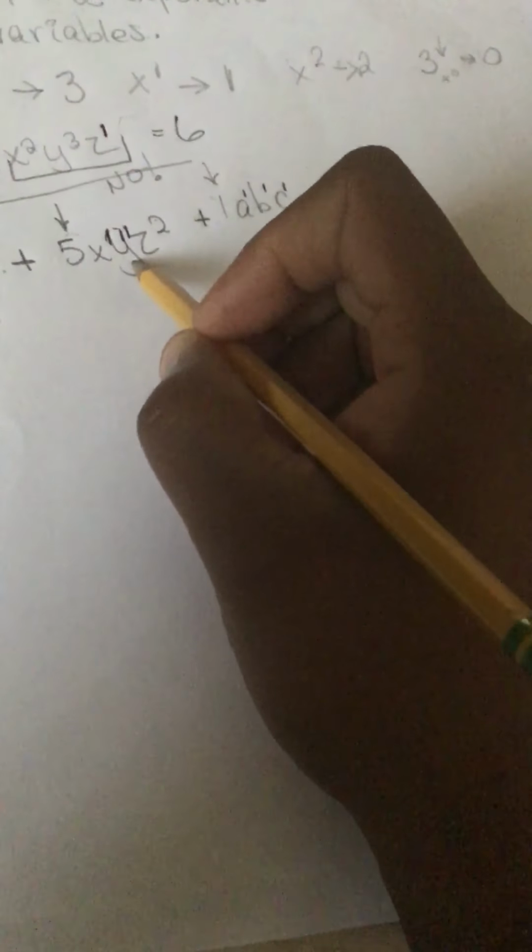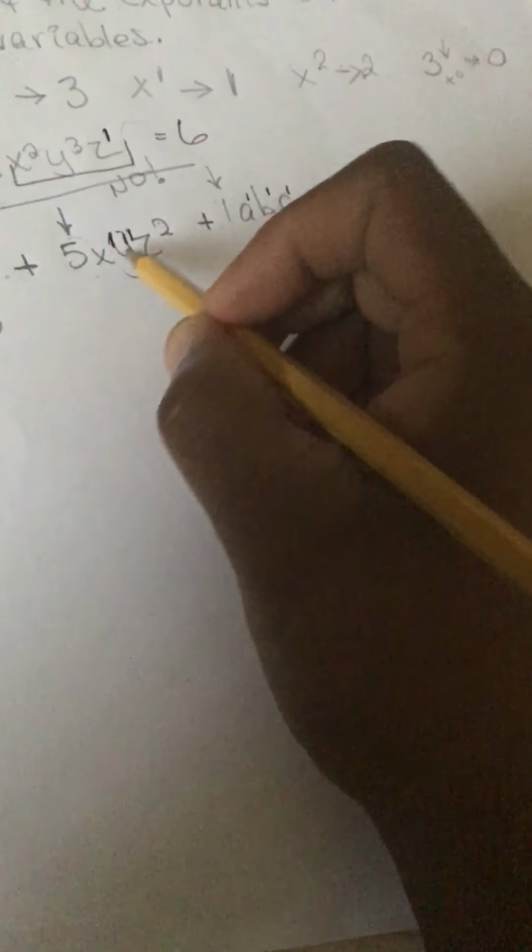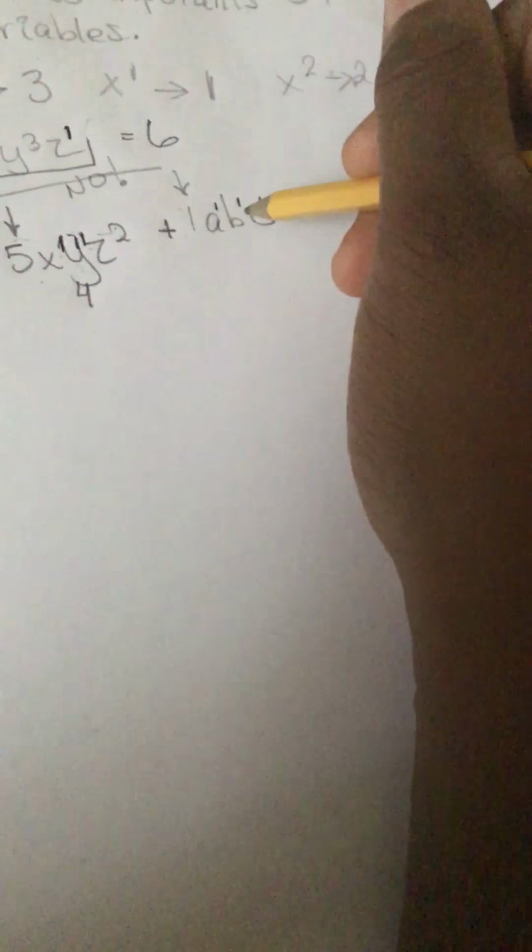So it's not there, so it's just 0. This one, I have 1 on the x, I have 1 on the y, and I also have 2 on the z. So that's 1 plus 1 is 2 plus 2 is 4. So that's 4. And then here, I have 1 plus 1 plus 1, which is 3.